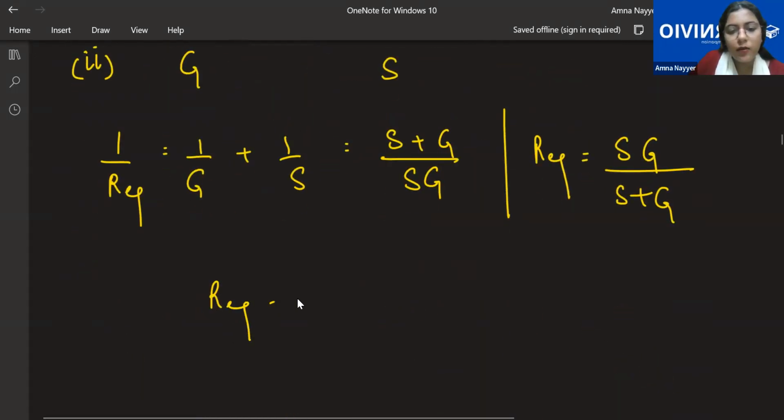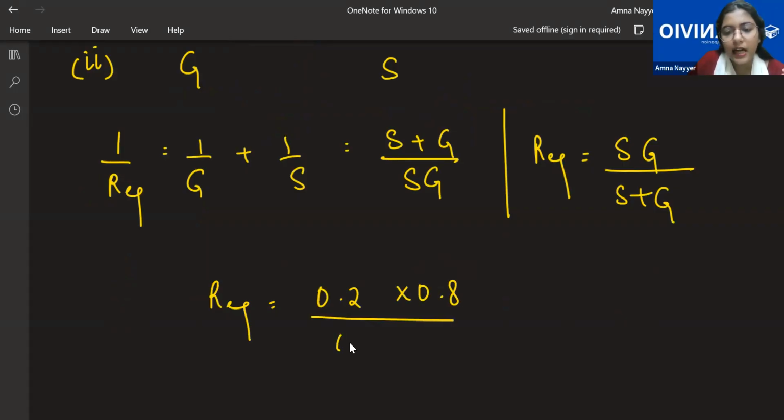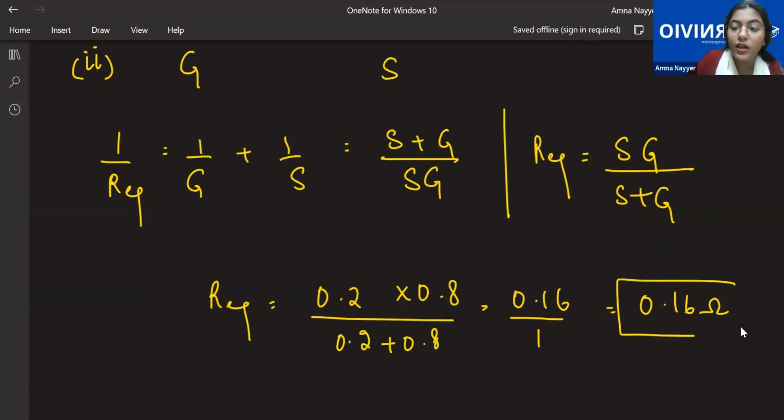R equivalent is 0.2 into 0.8 divided by 0.2 plus 0.8. So this is 0.16 divided by 1, which is 0.16 ohm. This is the total combined resistance of the shunt and the galvanometer.